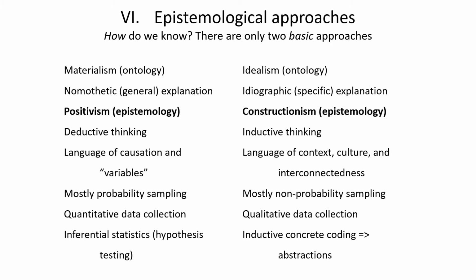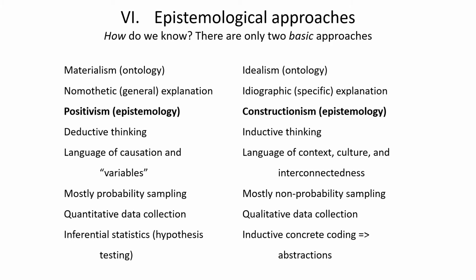You are looking for general explanations, therefore you're a positivist, therefore you're going to probably stick with deductive thinking. Hey, I have an idea, let's test it out. That's deductive thinking. You're going to use the language of causation and variables. Sometimes you're going to use non-probability sampling. This is the one where there's some wiggle room, but you're going to do your best to do probability sampling.